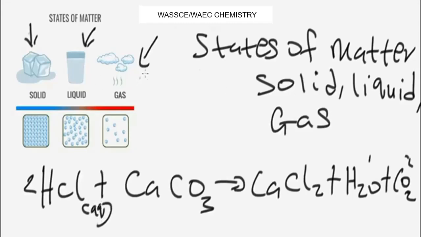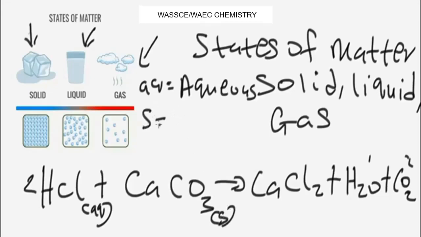In a chemical equation, aq stands for aqueous, and aqueous means that the substance is dissolved in water. So this hydrochloric acid is dissolved in water, and here this substance we have as small letter s.